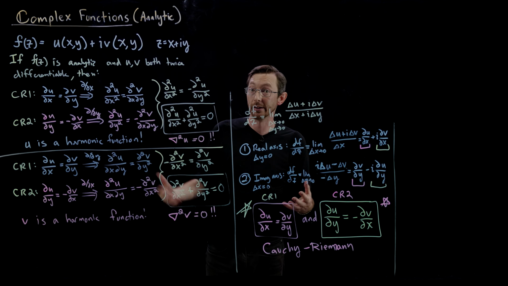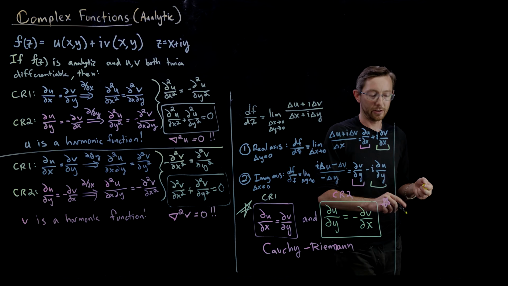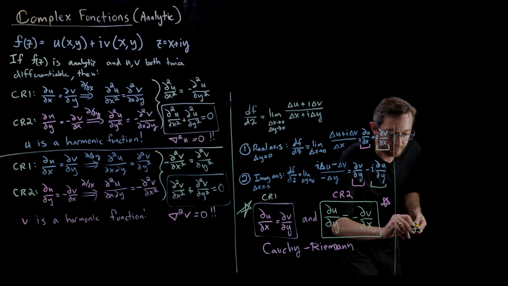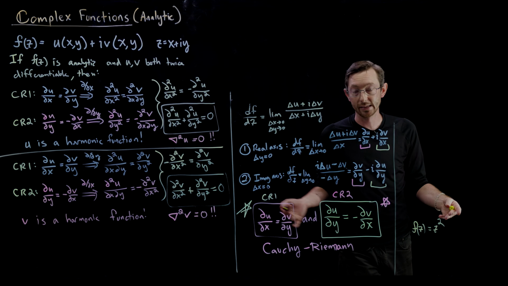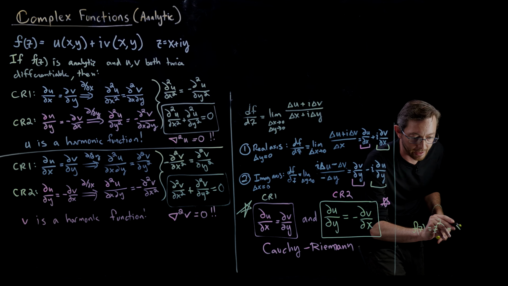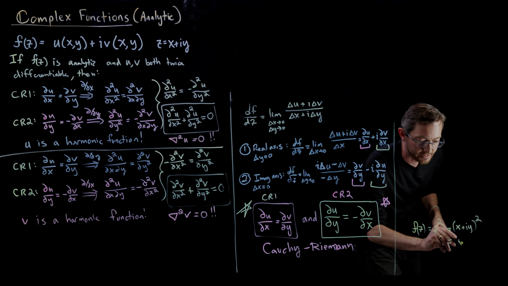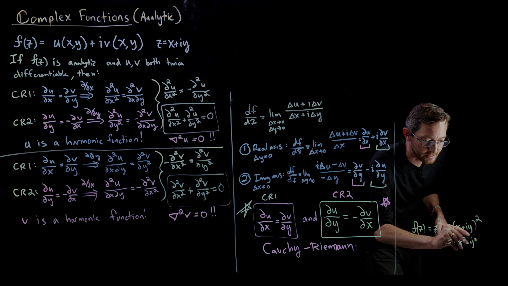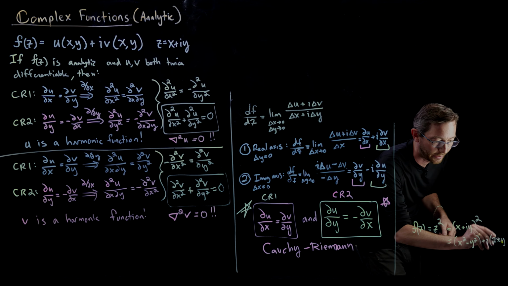And the neat thing is that solutions of Laplace's equation happen to be the real and imaginary part of these magic special analytic functions. So if I take f of z equals z squared, which we know is analytic, we've shown this is analytic, and this equals x plus iy, quantity squared, that equals x squared minus y squared plus i times 2xy.